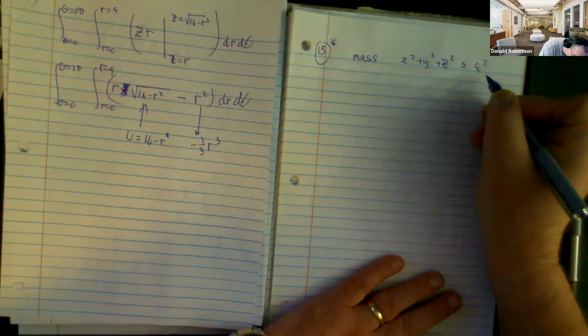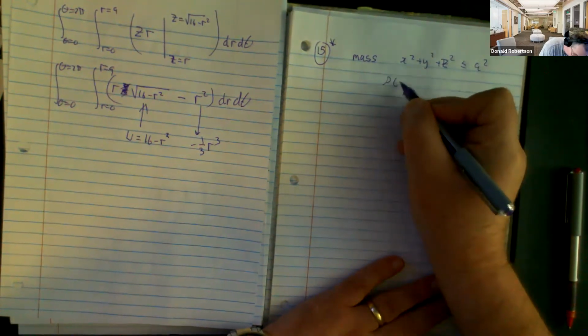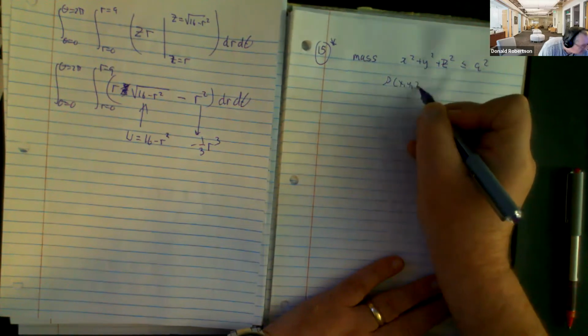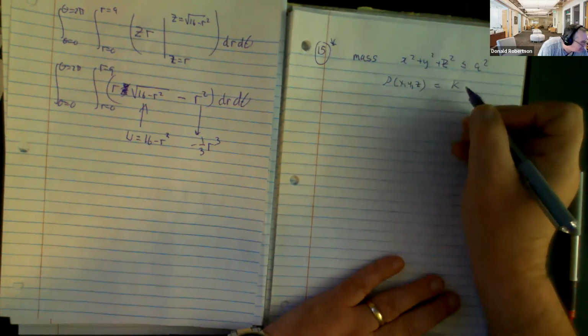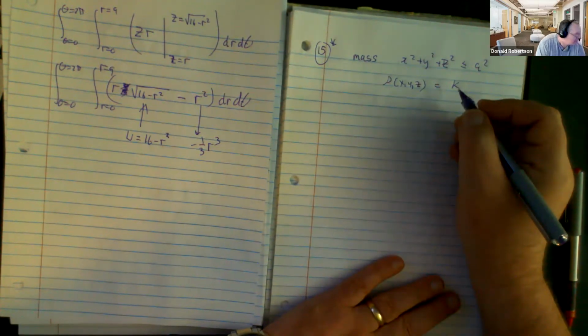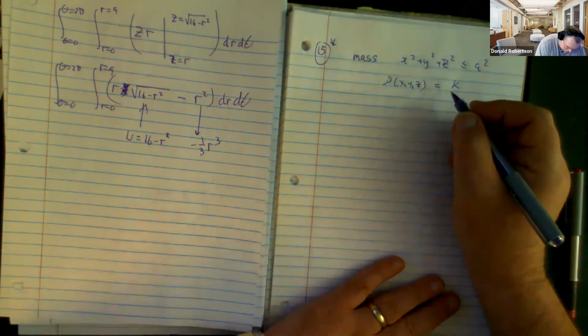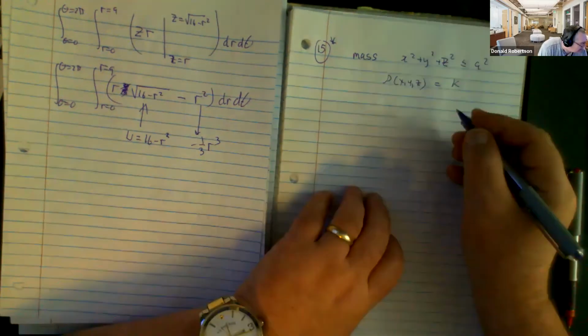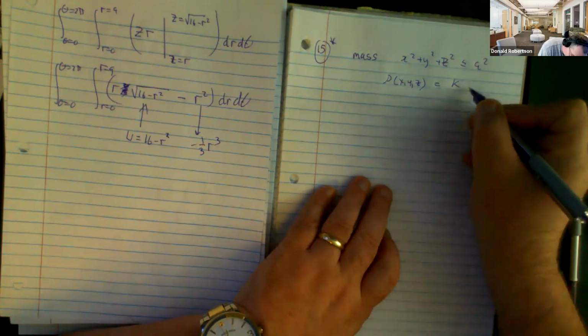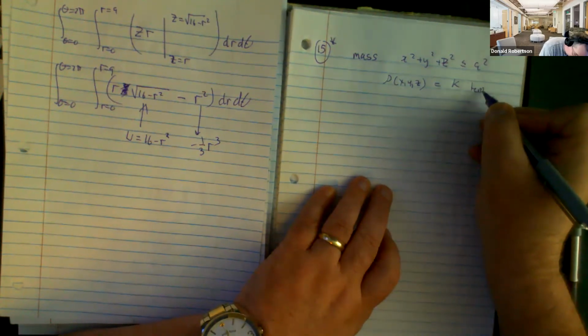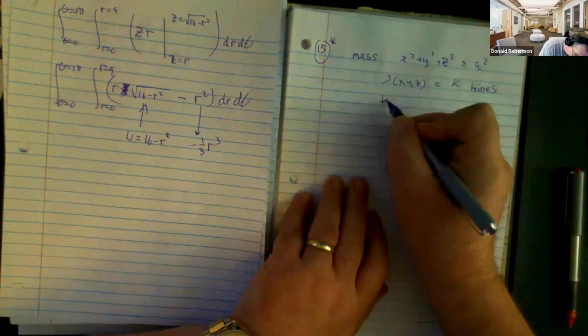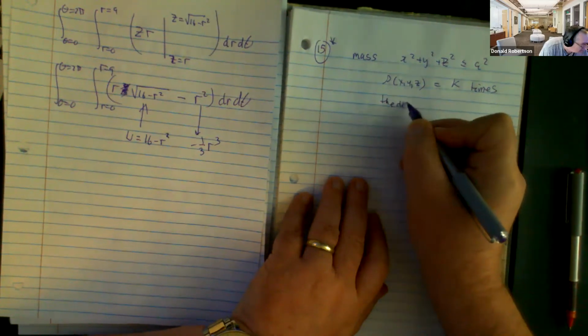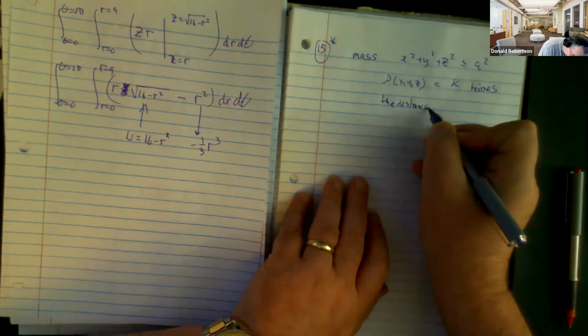And we're told that the density function is just k times the distance from the z-axis.